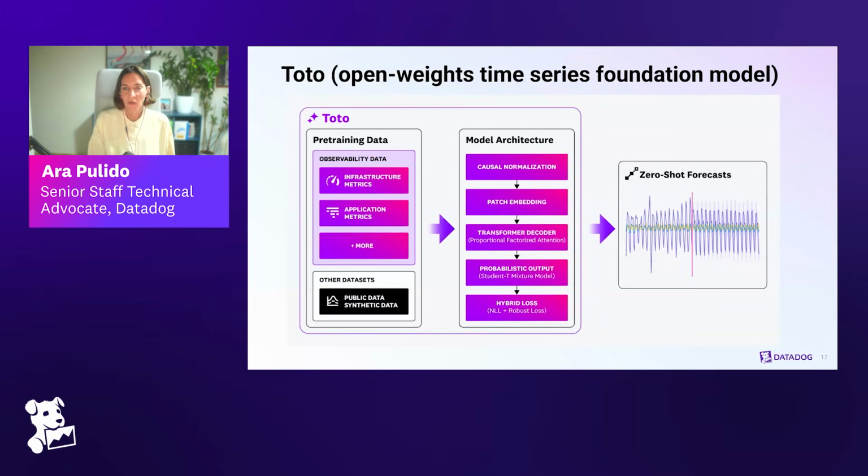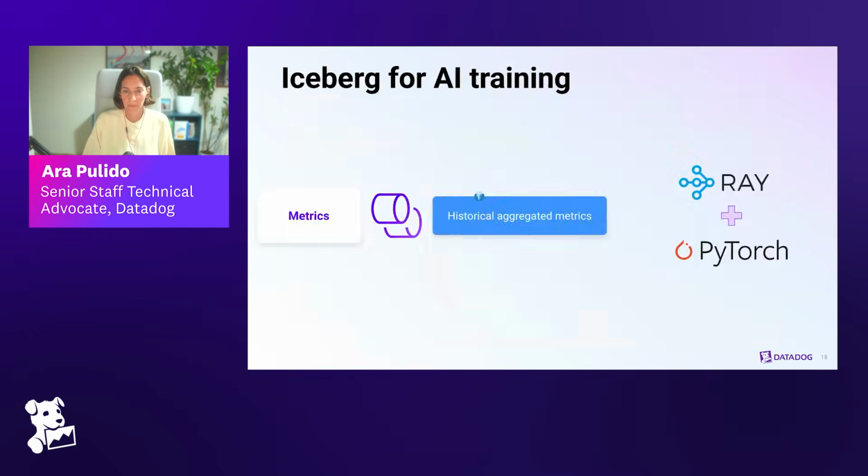Obviously we have a lot of time series data coming from the usage of Datadog, because we are one of the heaviest users of Datadog ourselves, and we use that to create this time series model that is able to forecast time series data. Obviously, we are not going to talk about how we train Toto, but about how Iceberg plays a part in this, which is pretty critical.